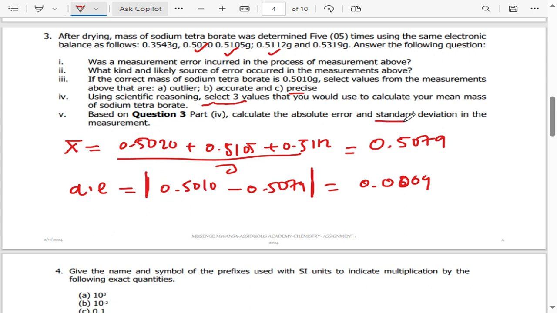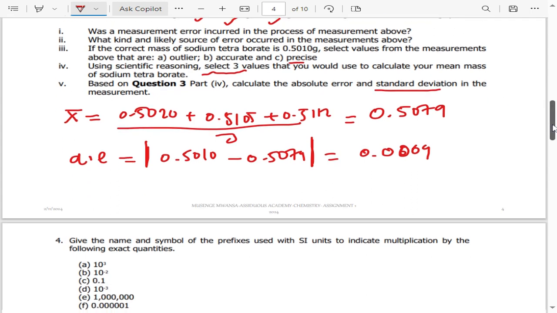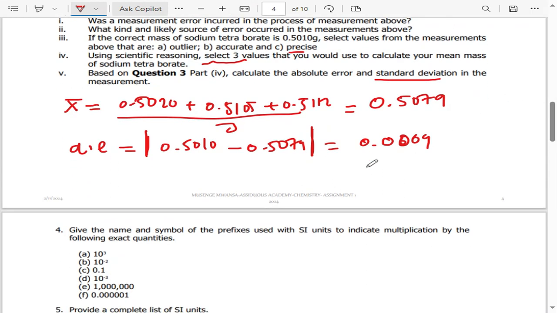The next one says calculate the standard deviation. How do you find the standard deviation? The formula for standard deviation uses the symbol sigma. Sigma squared is actually the variance, so for standard deviation we don't include the square.